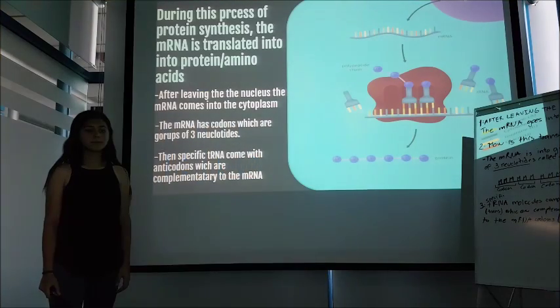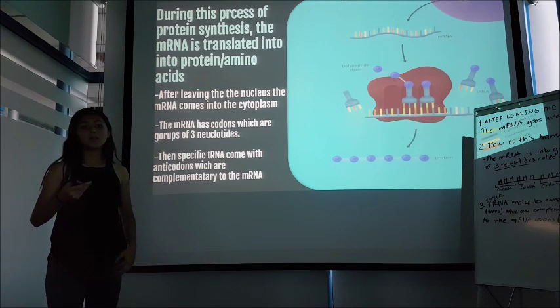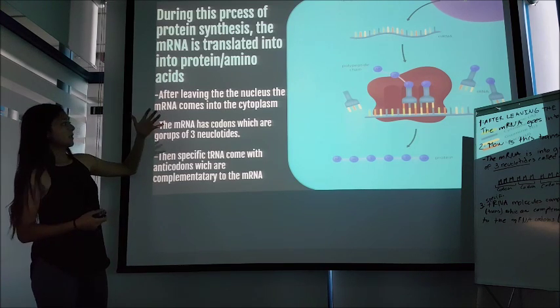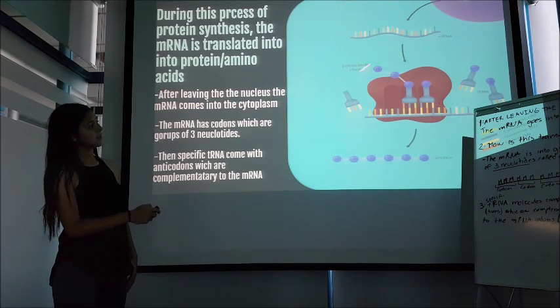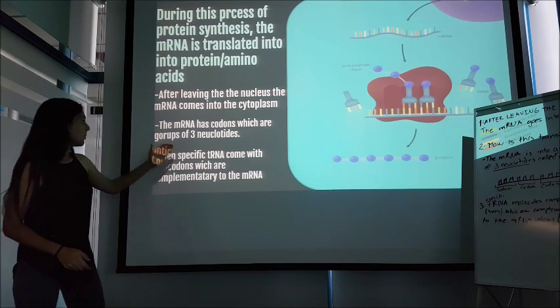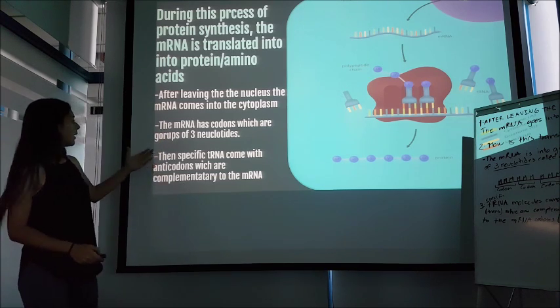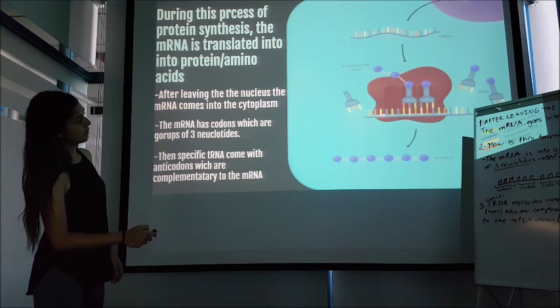Translation. During this process, which is the final process of protein synthesis, the mRNA is transformed into amino acids. After the mRNA leaves the nucleus, it enters the cytoplasm. The mRNA has codons which are groups of 3 nucleotides, as you can see here.